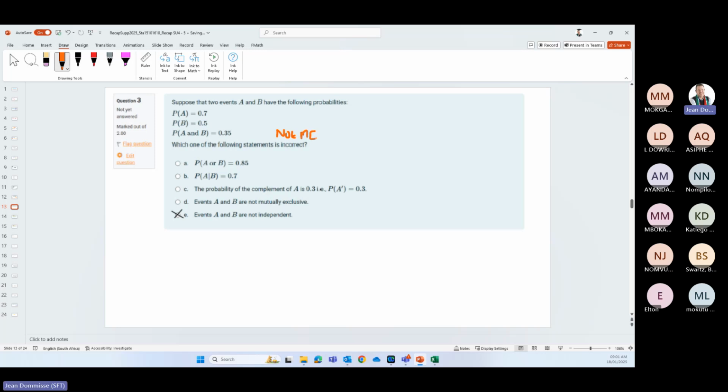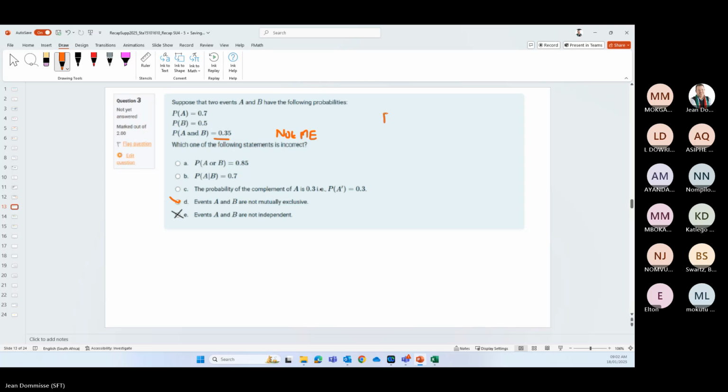If that was equal to 0, it would have been mutually exclusive. So events A and B are not mutually exclusive. Correct.